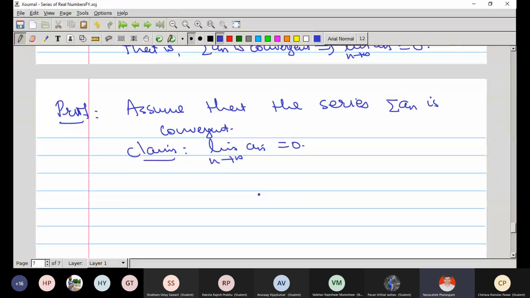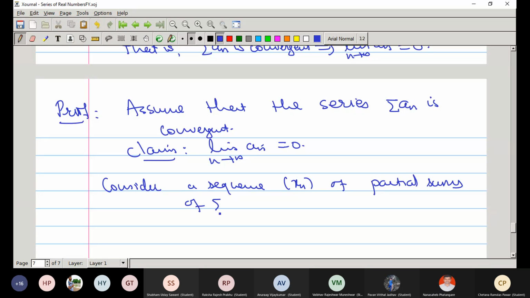Okay, so is it clear what is going on? Yes, sir. Okay. Now to achieve this claim, consider the sequence xn of partial sums of the series an.